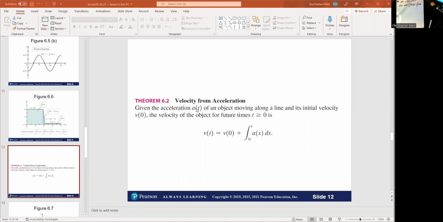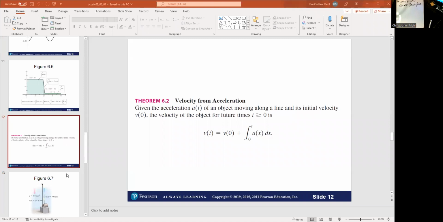Given an acceleration a of t of an object moving along a line, and its initial velocity v at time 0, the velocity of the object for future times is given by v of 0 plus the integral from 0 to t of the acceleration a of x dx. Again, a consequence of the fundamental theorem of calculus.